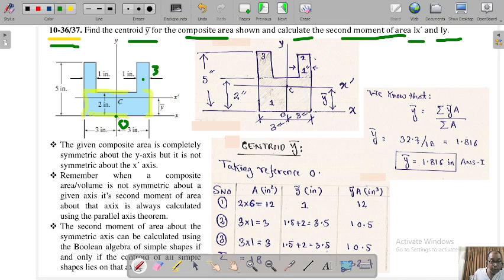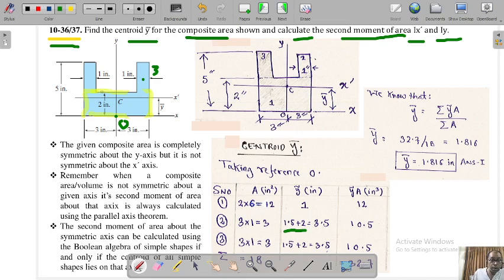From the origin, the height from here to here is 2 inches, and this height in the y-axis is 3 inches. So half of 3 inches is 1.5, plus this height from the origin of 2. We write it as 1.5 plus 2, which comes out to 3.5 inches.